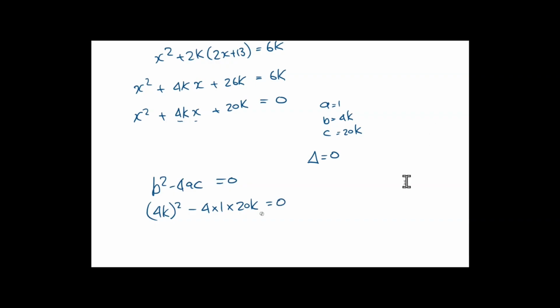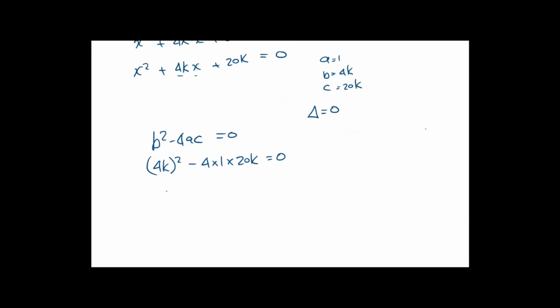I have one equation, one unknown. So 4k squared is 16k squared minus 80k equals 0. We want to solve for k.